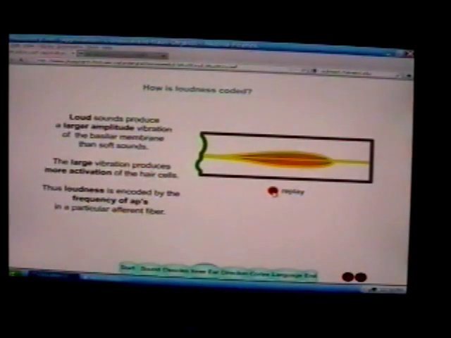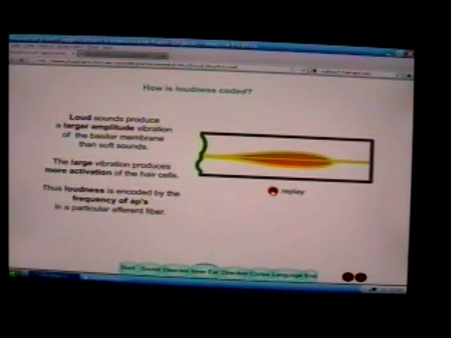So the loudness of the sound is not encoded by the placement of the cells. After all, it's the same hair cell that's responding to that same tone. But if it's a loud tone, the hair cell generates high frequency action potentials. If it's a soft tone of that same frequency, then the hair cell generates a lower frequency of action potentials.